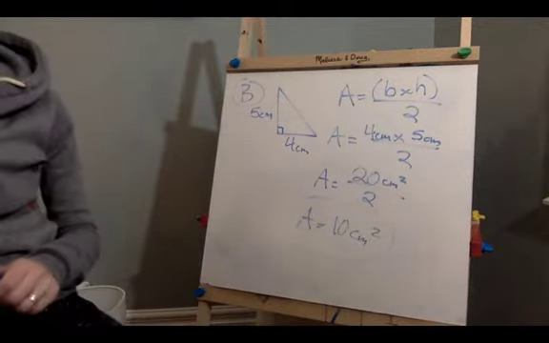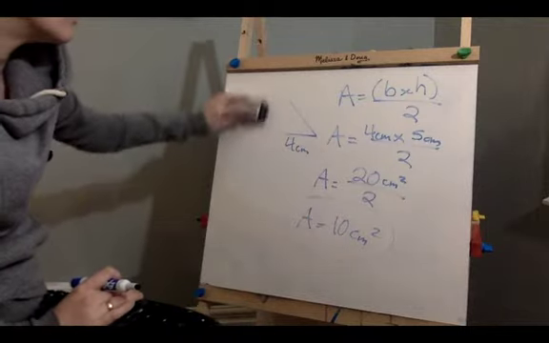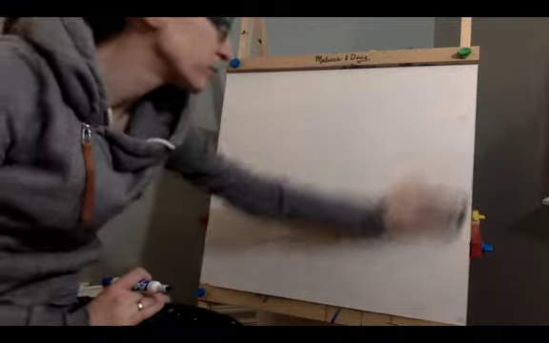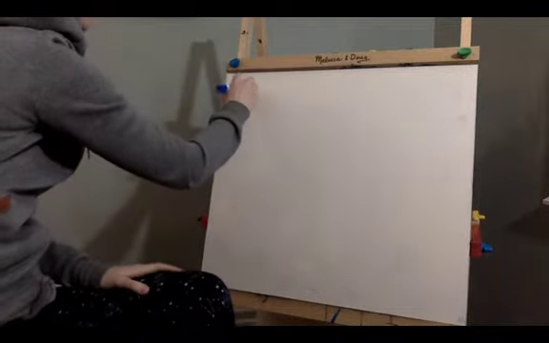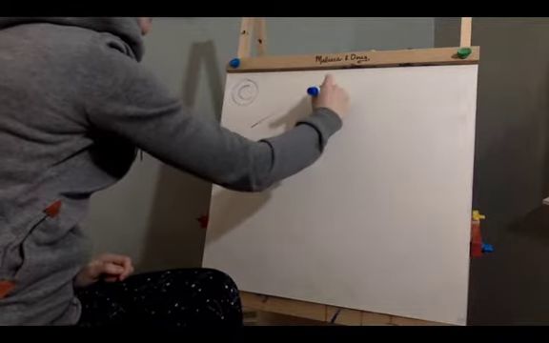Okay. That third triangle in C is the one where the height is outside of the triangle. So for C, you get this triangle that kind of looks like this.